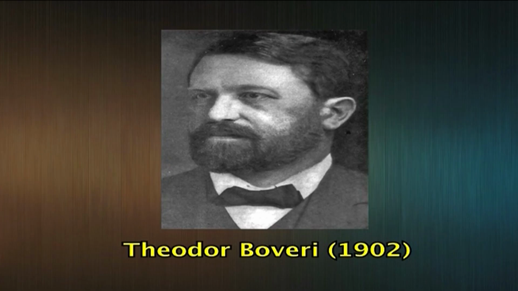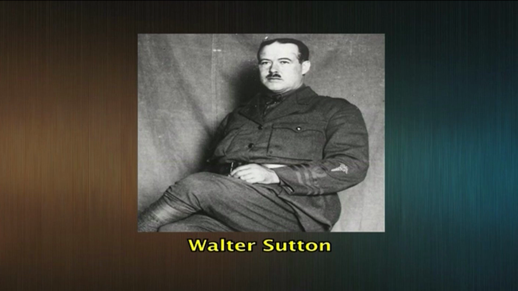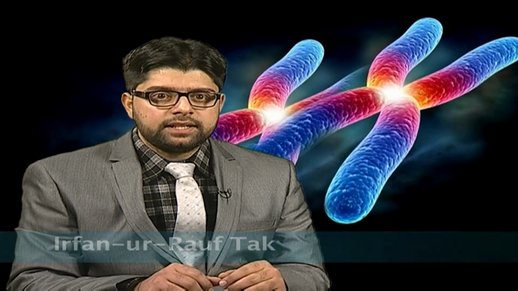In 1902, Theodore Boveri observed that proper embryonic development of sea urchins does not occur unless chromosomes are present. That same year, Walter Sutton observed the separation of chromosomes into daughter cells during meiosis.